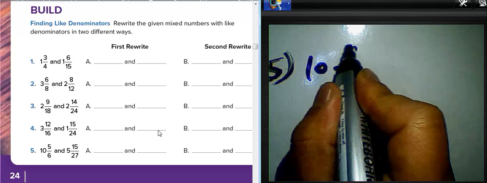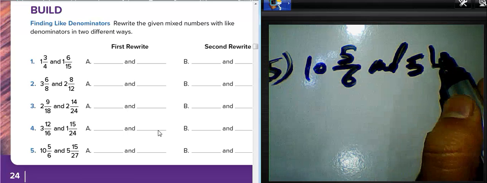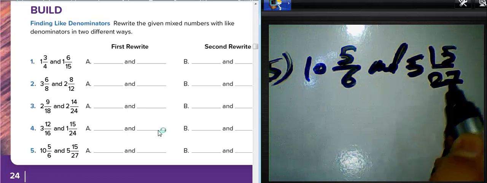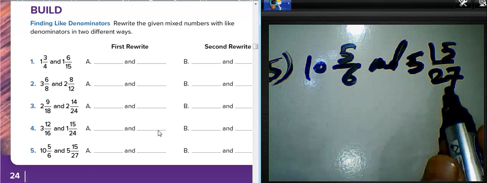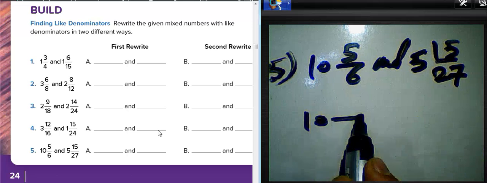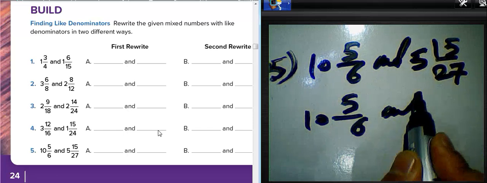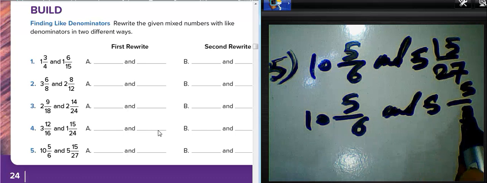Here 10 and 5 over 6, and 5 and 15 over 27. Okay, in this example 15 over 27 we can divide by 3. 10 and 5 over 6, and 5 here will be 5 over 9.